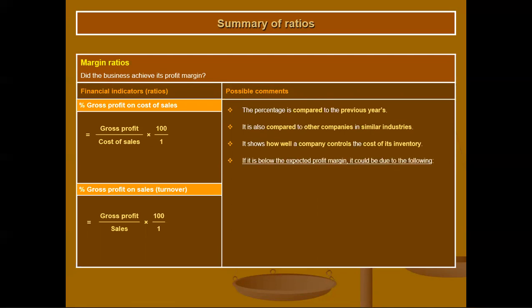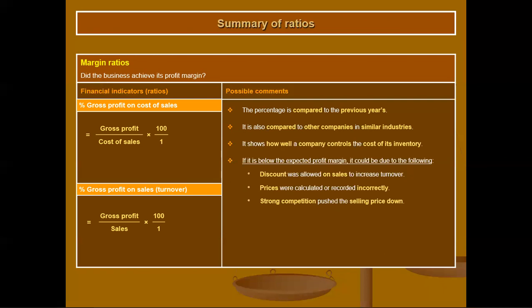If it is below the expected profit margin, it could be due to the following. We offered too many discounts. Prices were calculated or recorded incorrectly. In that case, guys, that's a mistake you cannot afford to make. There's strong competition that pushes the selling price down. There, guys, you need to know which companies are competing in different industries.